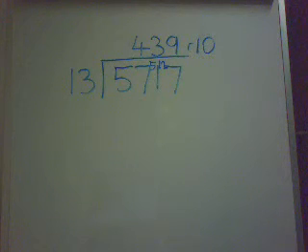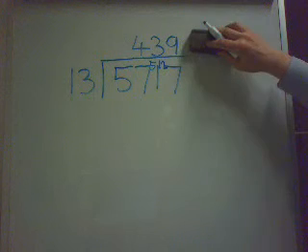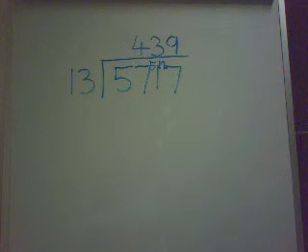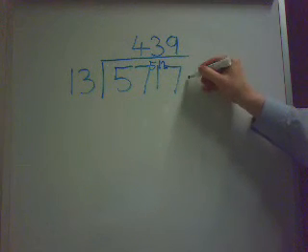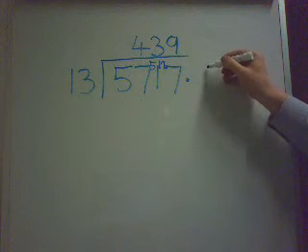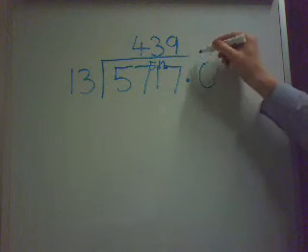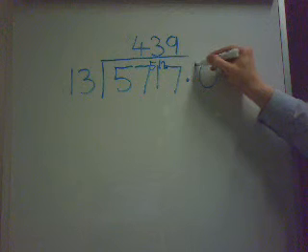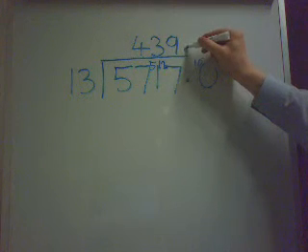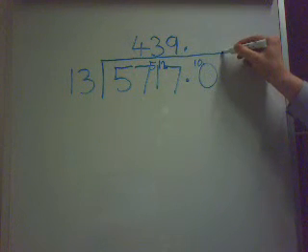Alternatively, we could turn 5717 into 5717.0 and then put the remainder 10 in here and carry on in that fashion.